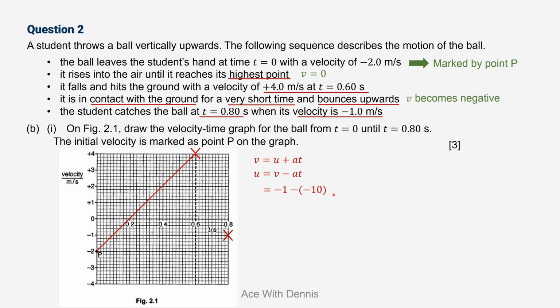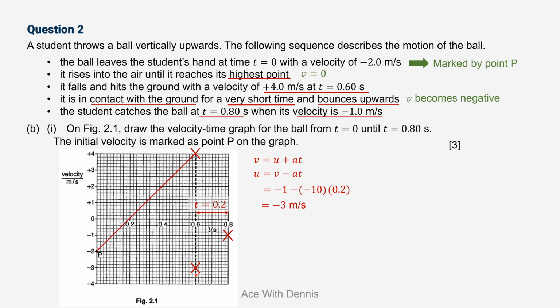And how do we identify the time? This is the time from 0.6 seconds to 0.8 seconds, so the time is 0.2 seconds. I substitute t equals 0.2 into the formula and calculate everything. I get the initial velocity is negative 3 meters per second.